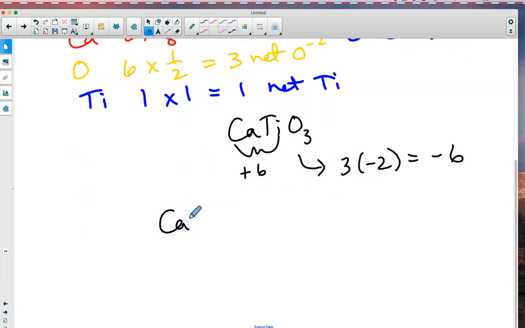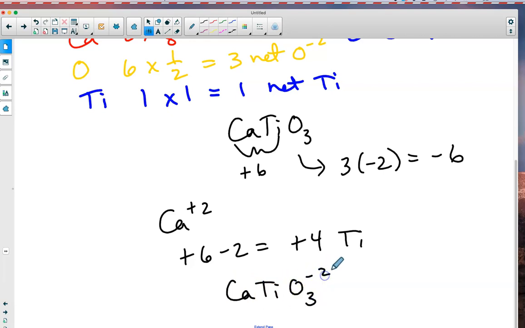So calcium is +2, so +6 minus that 2 leaves me with a +4 for the titanium. So again, we have a -2 for the oxygens, a +4 for the titanium, and a +2 for the calcium, and that all balances out.